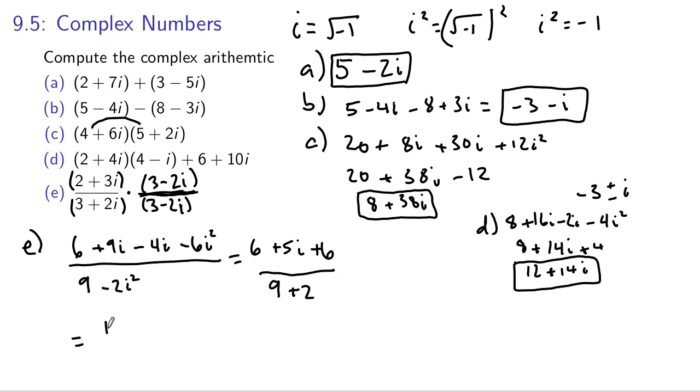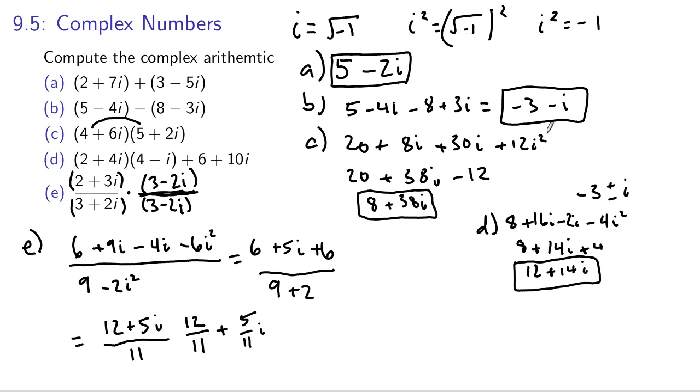So 6 plus 6 is 12, divided by 9 plus 2 is 11. And so that gives us 12 elevenths plus 5 elevenths i.